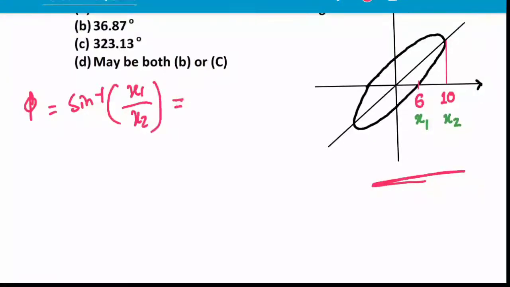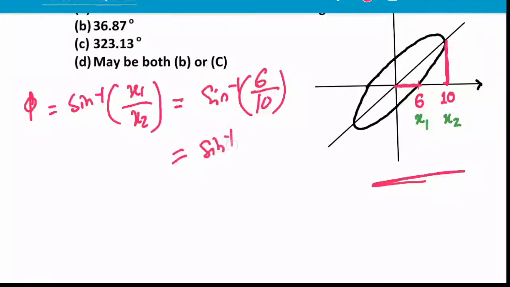What is x1 by x2? That is the small intersection, and this one is the large, so small by large. So this will be sine inverse of 6 by 10, which equals sine inverse of 0.6, and this is equal to 36.87 degrees.